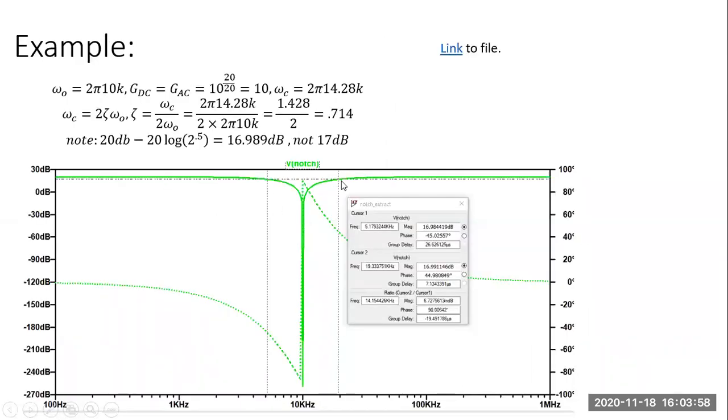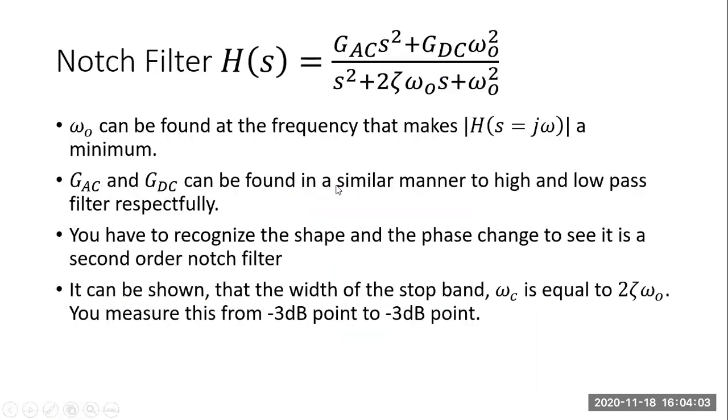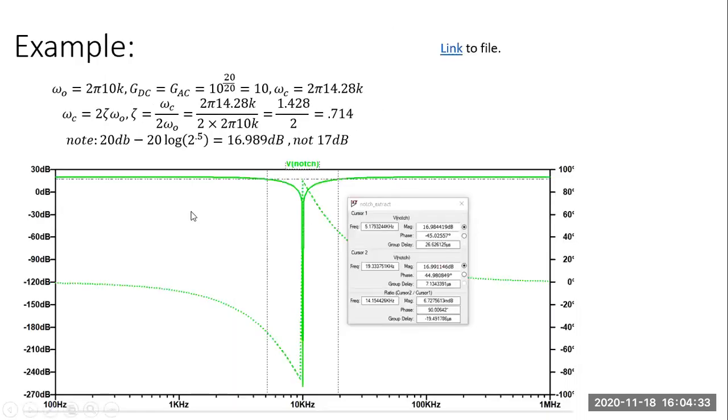But the way you find the damping coefficient is that this is the regular equation. However, there's something called the stop band width. And in fact, that's equal to 2 zeta omega naught. So if I replace 2 times the damping ratio times omega naught with the width of that region, I get the same thing. And that width of that region is from minus 3 dB point to minus 3 dB point.